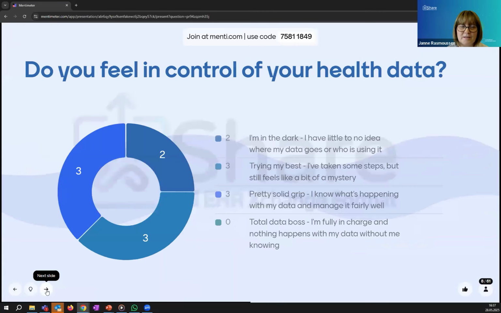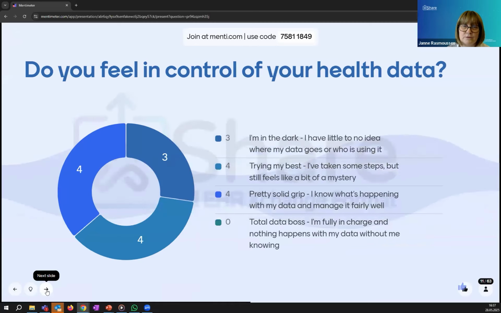Next question. Issue of control. Do you feel in control of your own health data? So, I've got some answers. We don't have any total bosses here yet, I see.